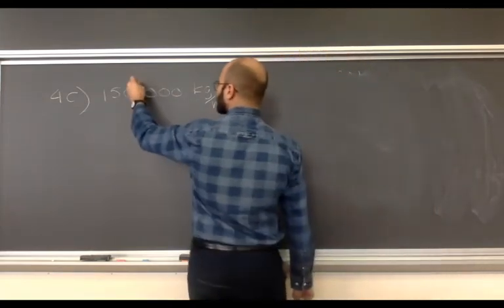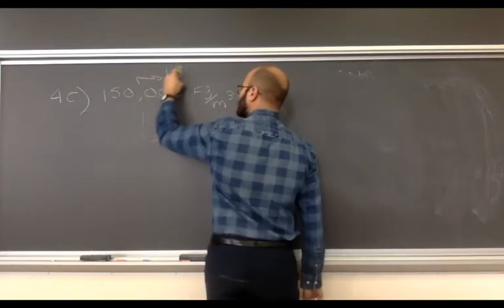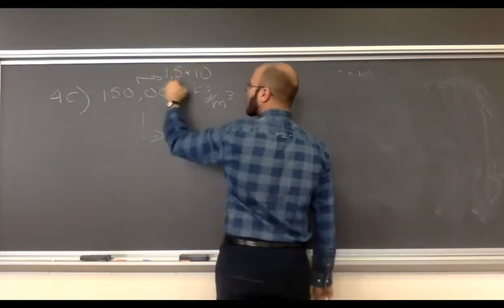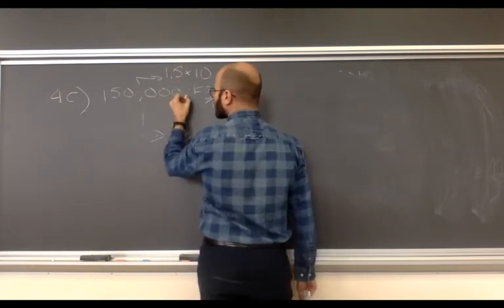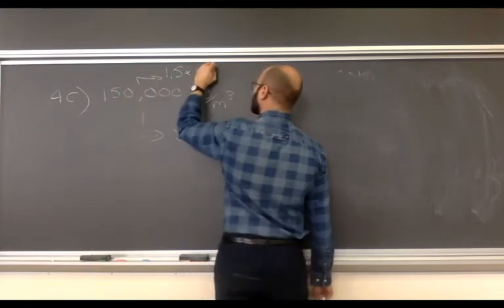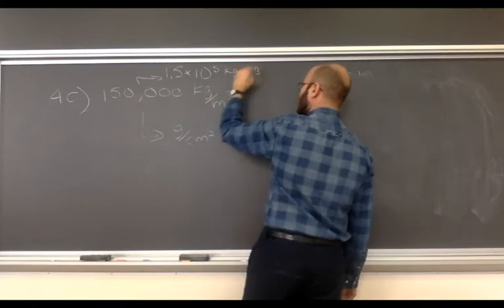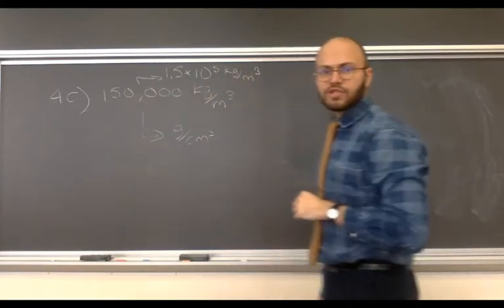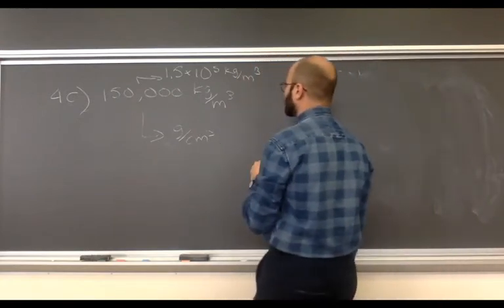First thing I can do just to make some of this writing a little easier, I will write it out in scientific notation. So 1.5, right? I'm moving the decimal place all the way from here over. So 1, 2, 3, 4, and 5 kilograms per meter cubed. That's the same version of the number that I'm starting with there. And we'll set up our dimensional analysis in just a moment.